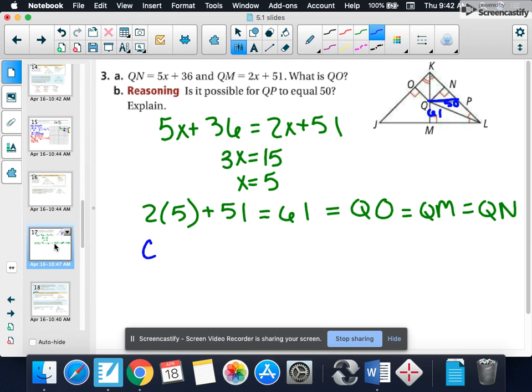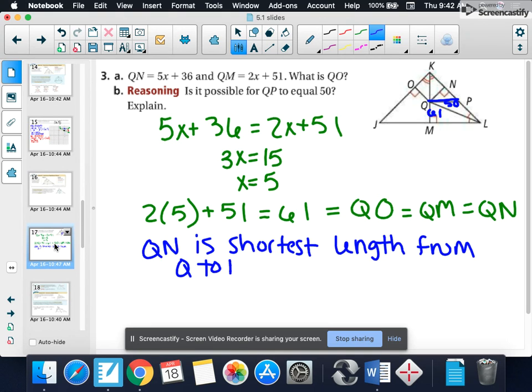So QN, QM, and QO all have to be the shortest distance from Q to the side, KL, just as QM would have to be the shortest distance to JL, and QO would have to be the shortest distance to JK. Therefore, QP would have to be greater than QN, meaning QP would have to be greater than 61, so there's no way it could be 50.